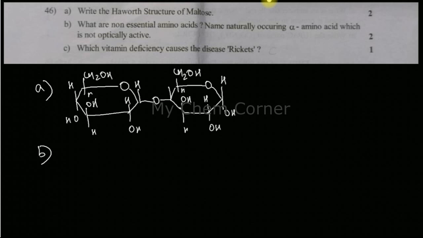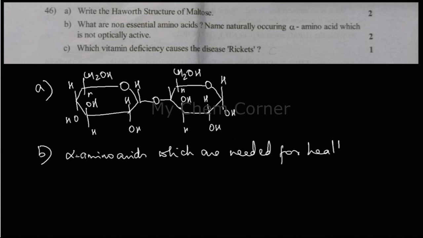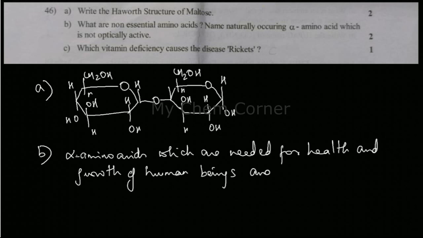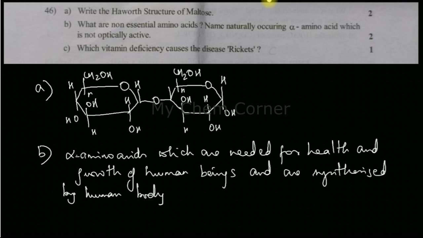So you can write that the alpha amino acids which are needed for health and growth of human beings and are synthesized by human body are called non-essential amino acids.